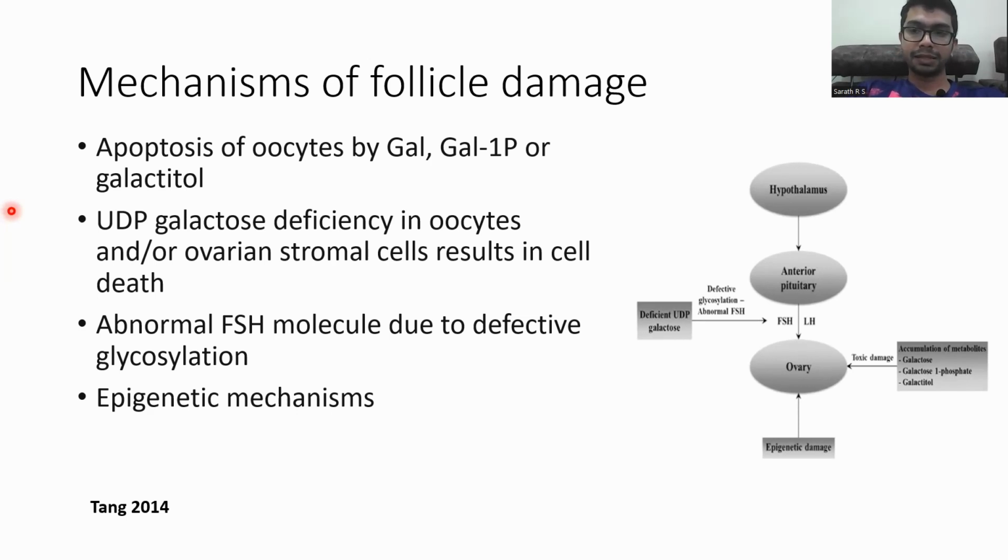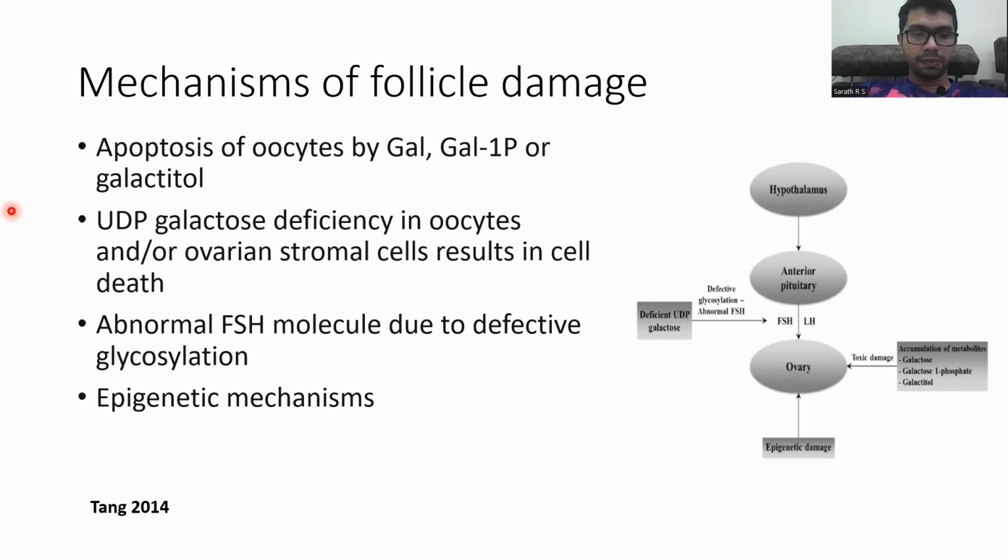So UDP-gal is necessary for the formation of glycoproteins, glycolipids, membrane surface receptors, and also myelin sheath. So all these cell surface receptors and glycoproteins are important for the growth of oocytes, in the absence of which there can be cell death.